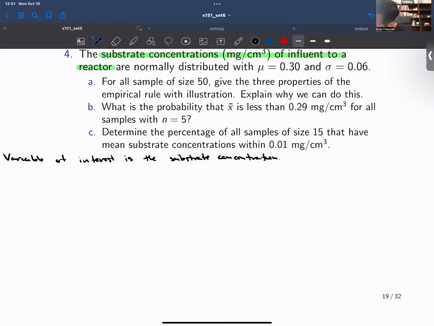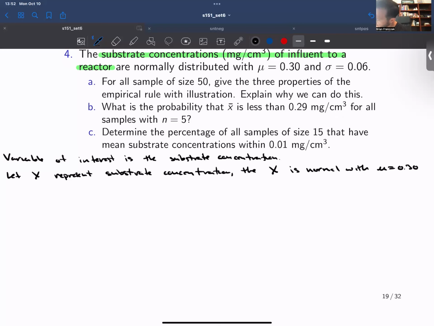Okay, so if we say let X represent substrate concentration, then X is normal with mu equals 0.3 and sigma equals 0.06.